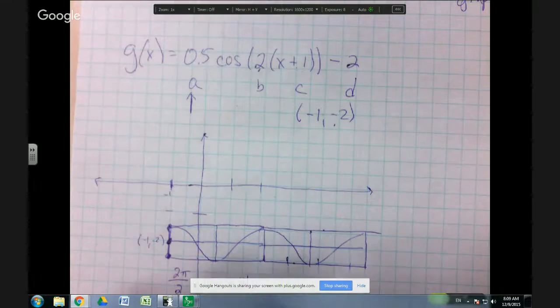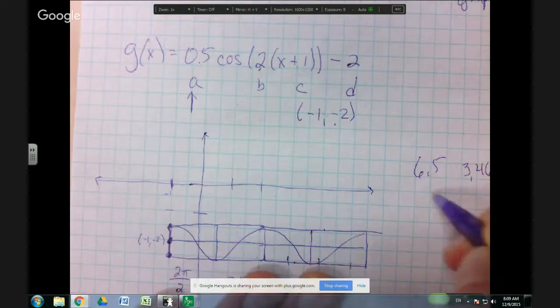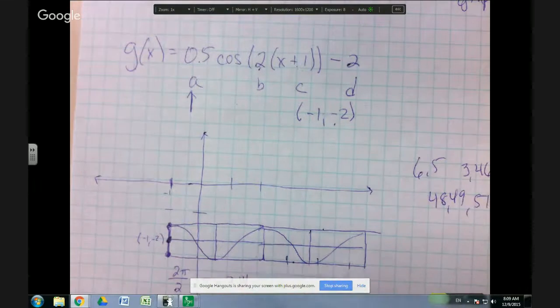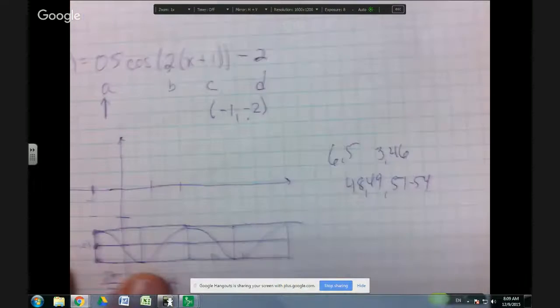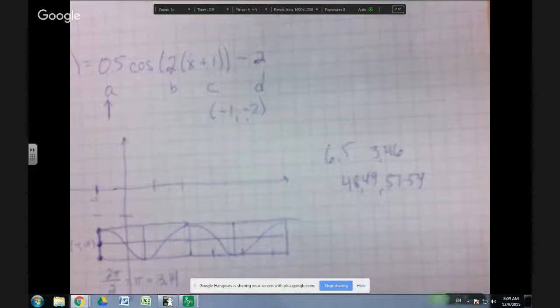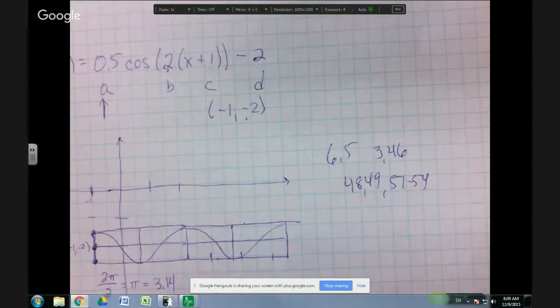Here's your homework. Just so you have it. From the sheet I gave you in class here, I want you to finish 1 through 4.